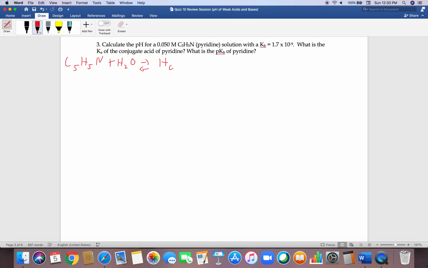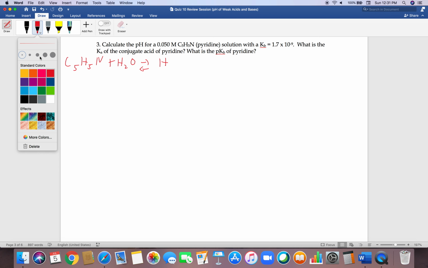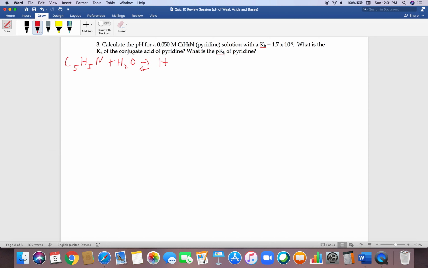Sorry about that, so glad I have this eraser now. We're going to get the conjugate acid. Now, some students will get a little bit confused here because they'll think that this will actually have a positive charge, but remember the difference between the conjugate acid and the base is 1 proton, so this is actually going to have a minus charge, plus our hydroxide ion.